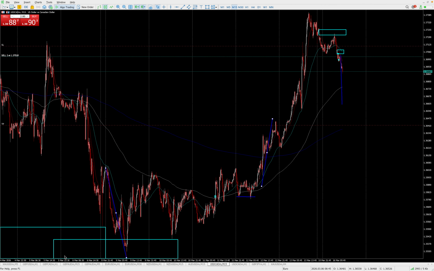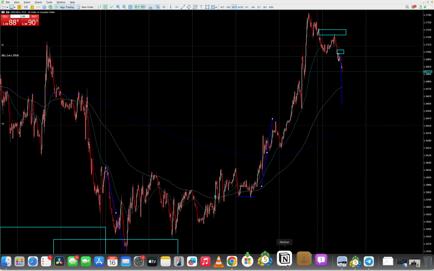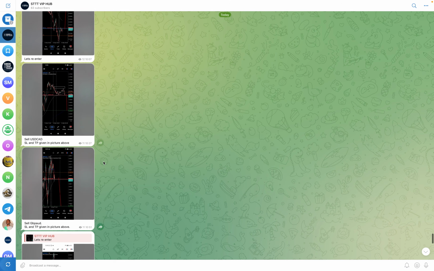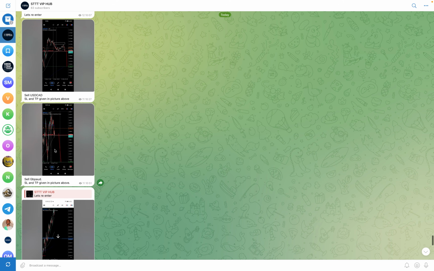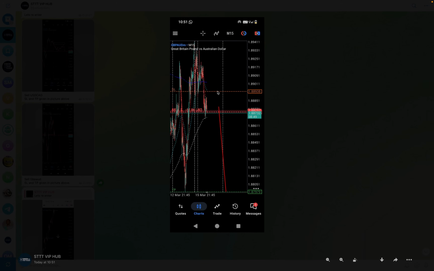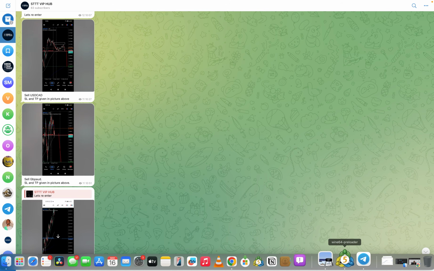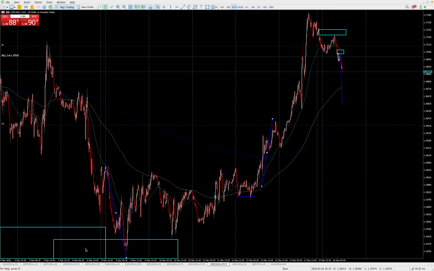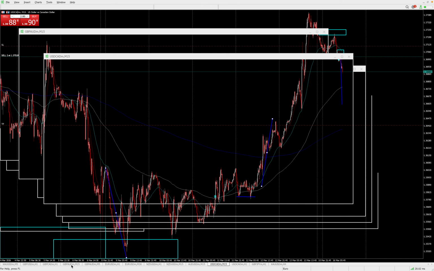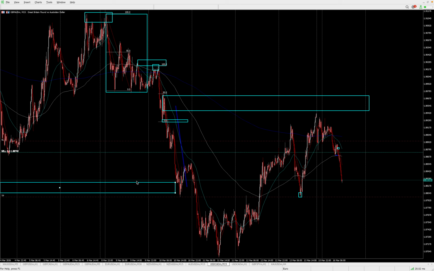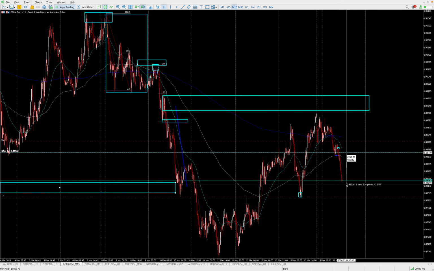And then we also took a trade today on GBPUSD. As you can see, sell GBPUSD, stop loss just above that area right there, and our take profit all the way down. That current trade on GBPUSD has been moving well. Currently, that trade has moved over 51 pips.